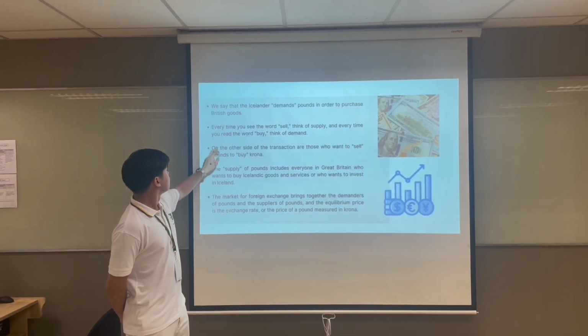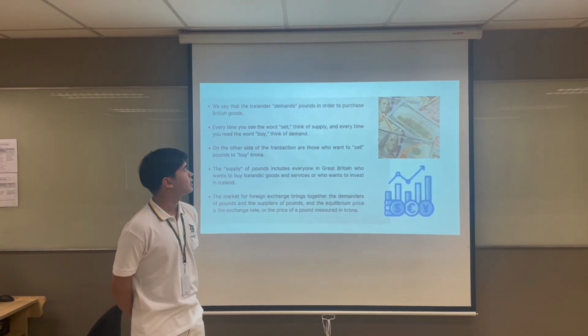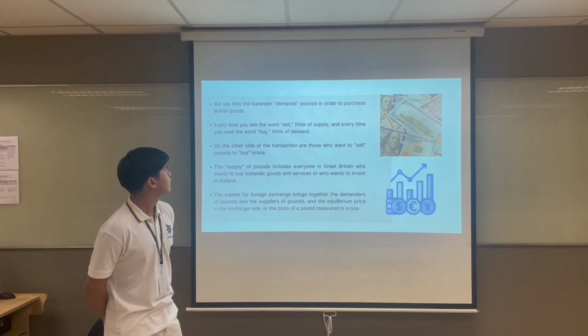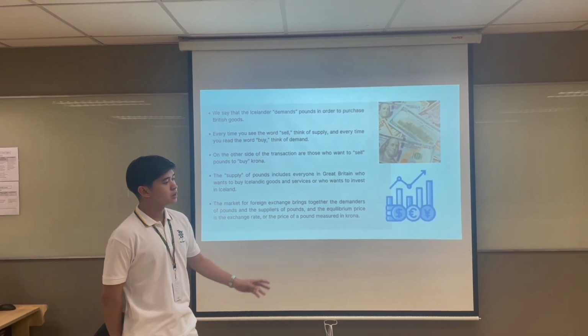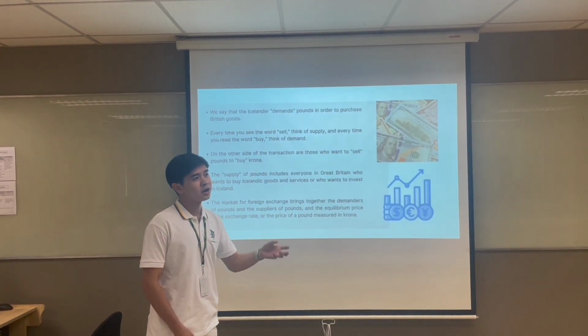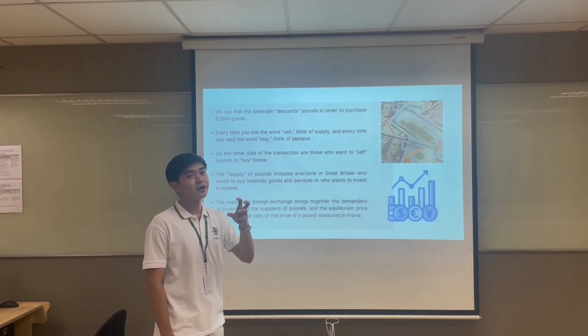And to further go on, every time you see the word sell, think of supply, and every time you read the word buy, think of demand. So this is what happens when you sell krona to buy pounds.